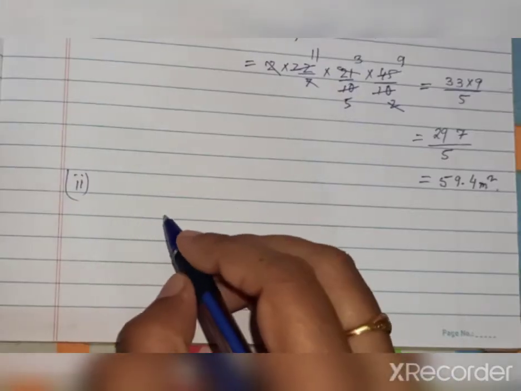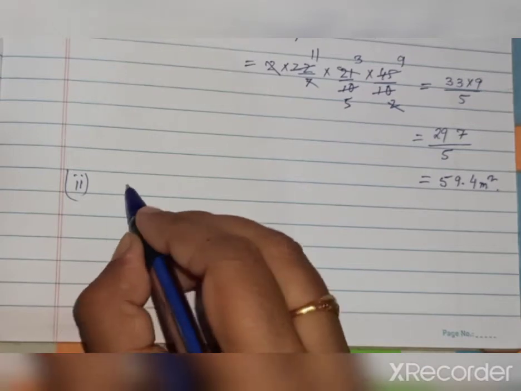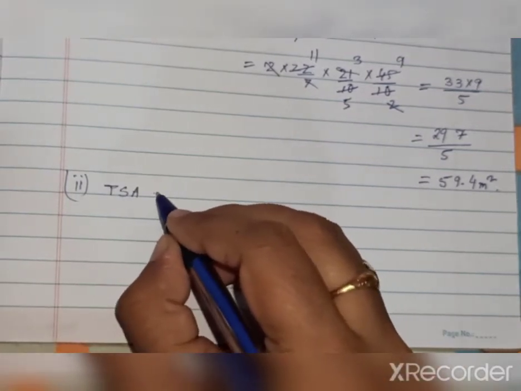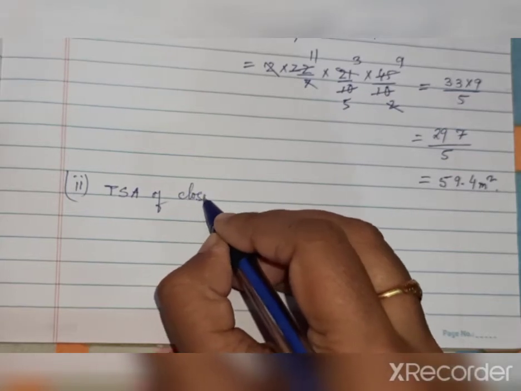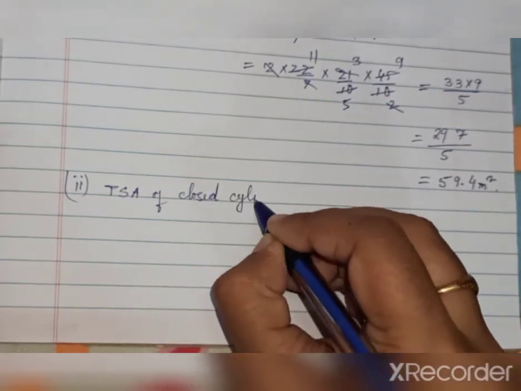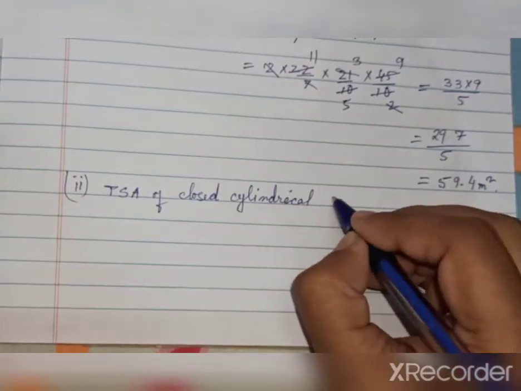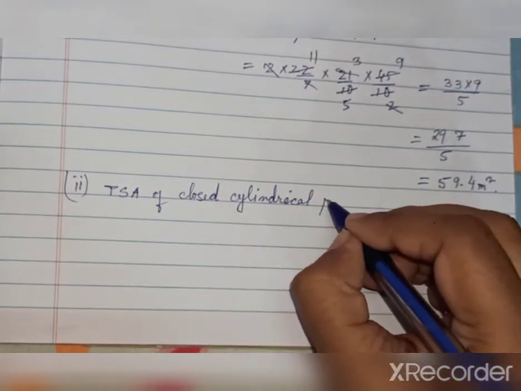Now in the second part, first we will find out the TSA of the closed cylindrical petrol storage tank.